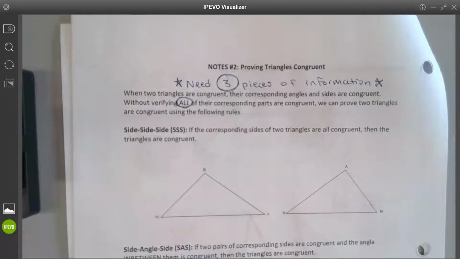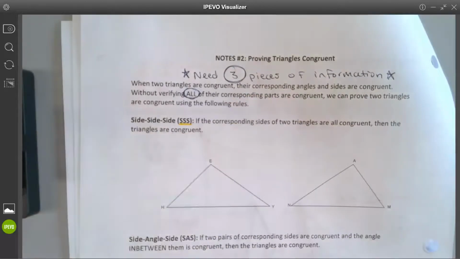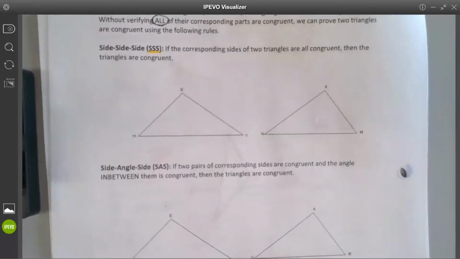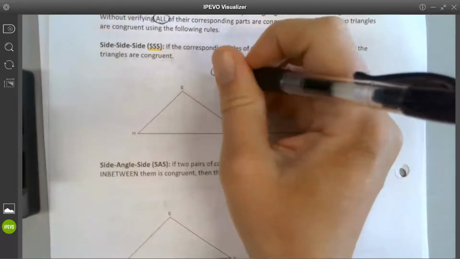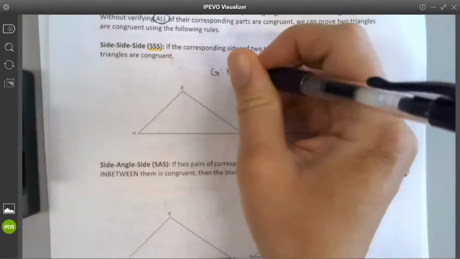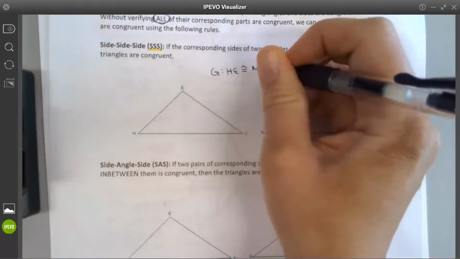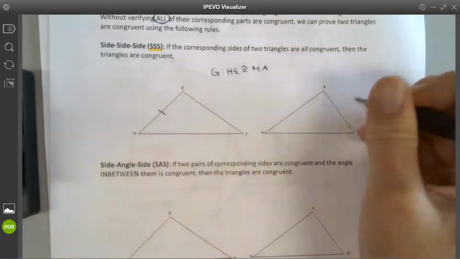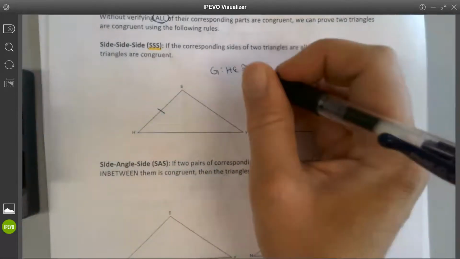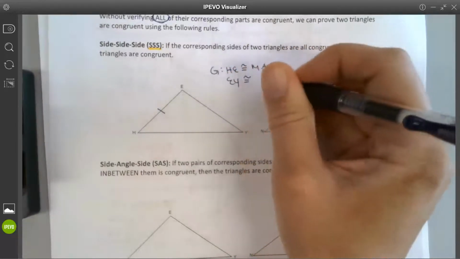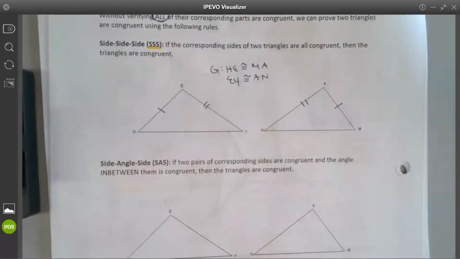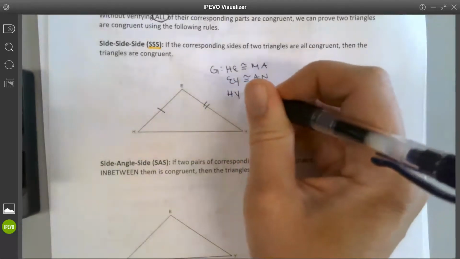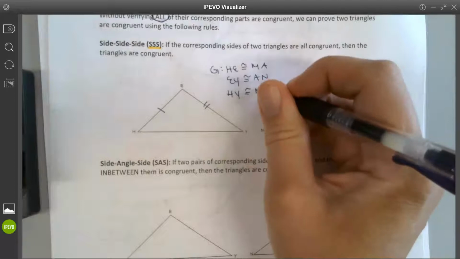So our first one is side, side, side, or SSS, right? If I knew that all three sides were congruent, if I was given the following information, that HE is congruent to MA, and that EY was congruent to AN, and I also knew that HY was congruent to MN.